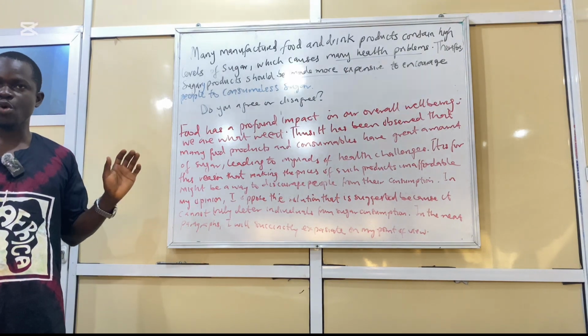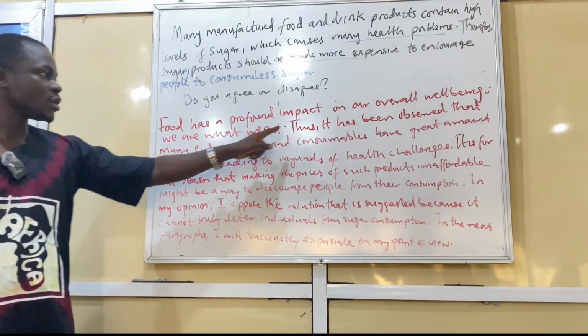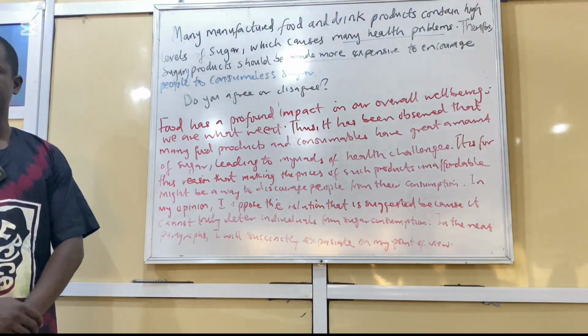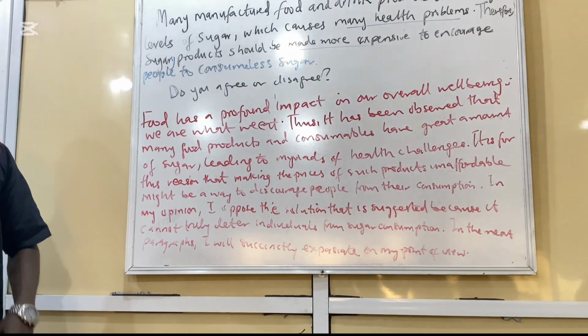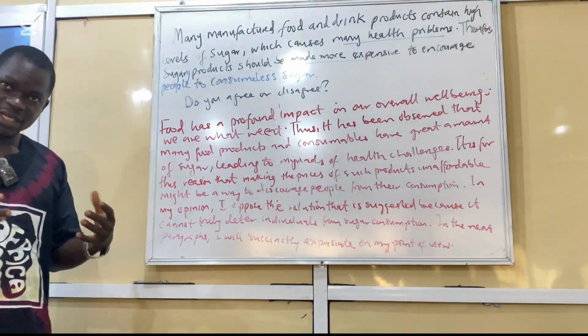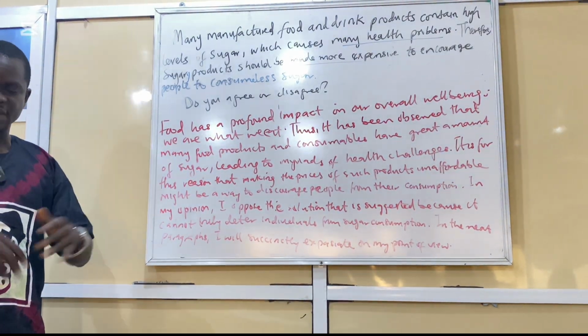Did you see that? That's my conclusion. How many sentences do I have here? 1, 2, 3, 4, 5. At least, if you cannot write 5, write at least 4. Why? Because you have a goalpost, 250 words. It must not be less.